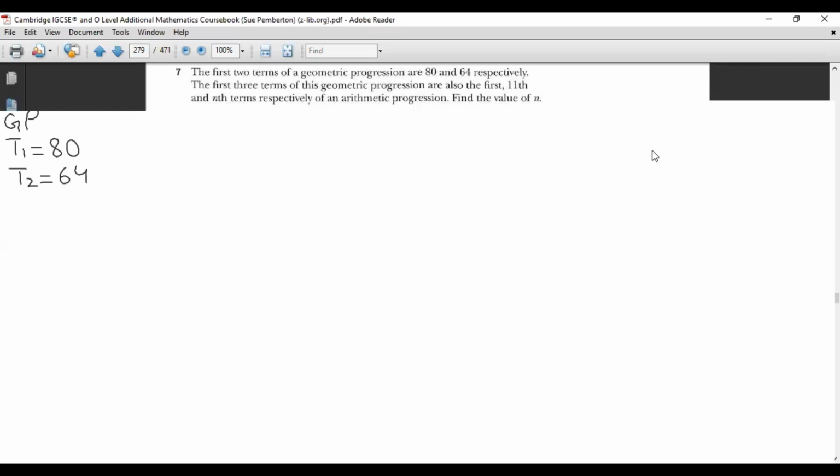After that, they are saying that the first three terms of this geometric progression are the first, 11th, and nth terms of an arithmetic progression. Find the value of n.